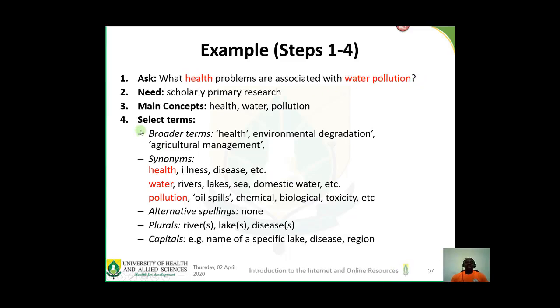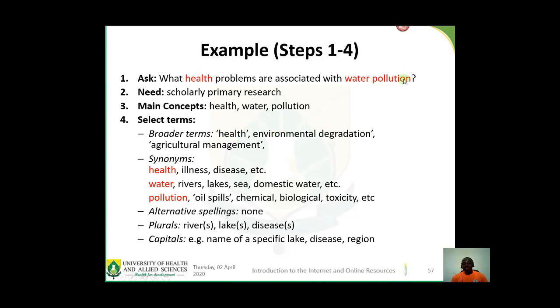Now select terms. Here, what are the alternative terms? It could be broader terms, it could be narrower terms, it could be synonyms, whatever. For example, when you mention health, you see alternatives or related terms such as environmental degradation. You mention health, you see something like illness.